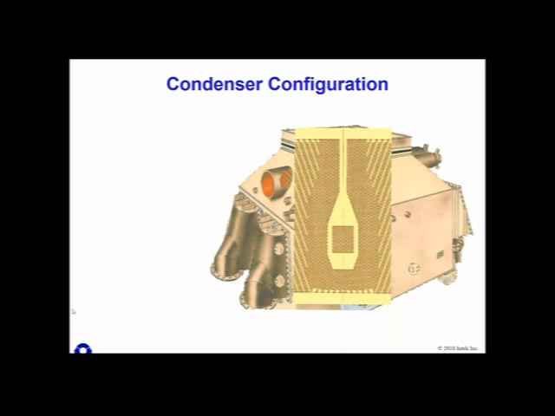And so this defines the location of all the tubes, including the configuration of the air cooler or the air removal section tubes. It's the drill pattern for the tube sheet. It's the drill pattern for all the support plates in the condenser.